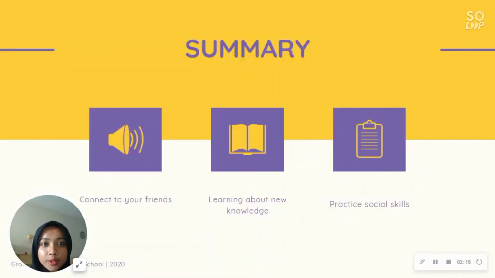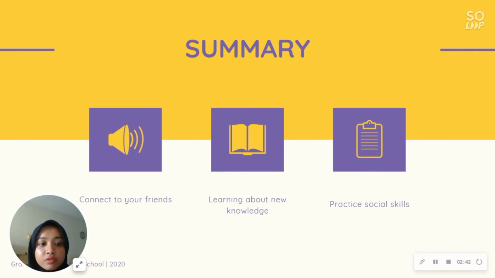So before we end, of course, we are going to do a summary here. The summary is, first, connect with friends, as you can see in the text that we read. Connecting with friends from primary school is really good, because I believe it's hard now when someone has moved out of town and you don't get the opportunity to get their new address.